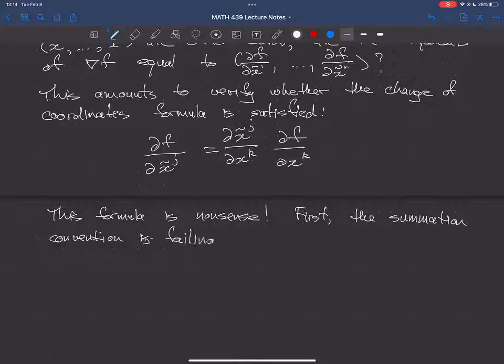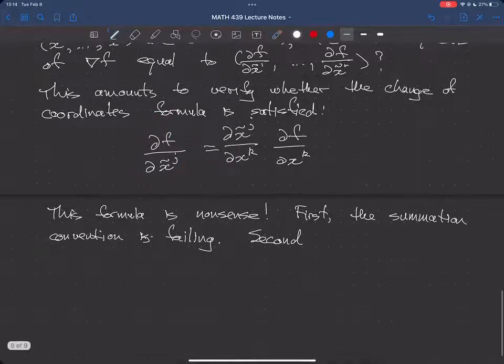And again, that could be a problem with the summation convention, but there's a more rigorous reason why that expression is nonsense. We know just by the chain rule what the proper expression for that is, because you're taking a function f, which is a function of x tilde by virtue of being a function of x, which is a function of x tilde. So f is obtained in the two different sets of coordinates by composition with the overlap map, and we know what this is by the chain rule.